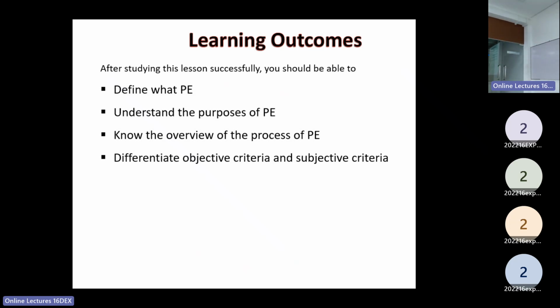For example, in the case of a sales representative, one of the criteria is the number of units sold. Based on the number of units sold, you can see the level of performance. Understand? Second, the knowledge of selling. What is the knowledge of selling? Depending on that, you can say something about the level of performance. Understand? Right. So ability to create new customers. Sales representatives are supposed to create new customers. The number of new customers created is one of the criteria.